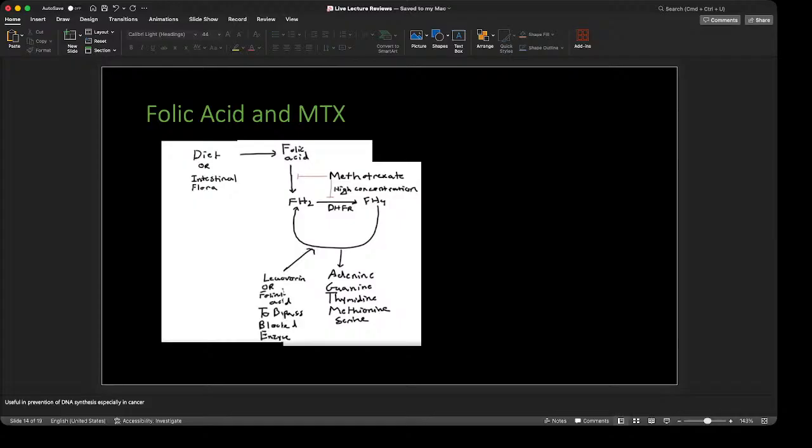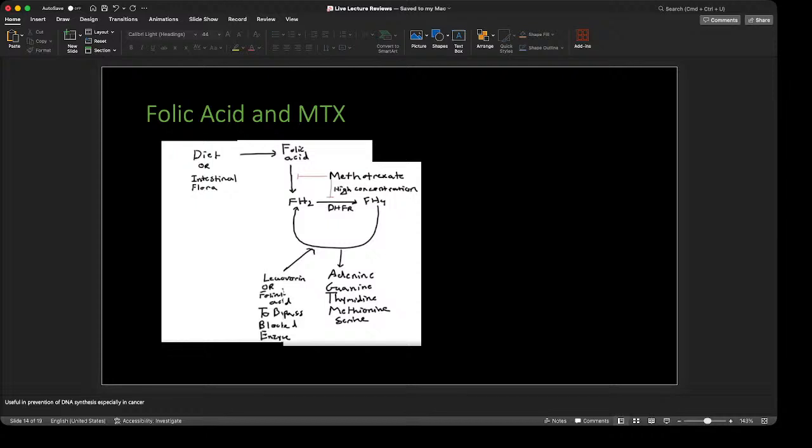FH2 gets converted to FH4, and then that's being used as part of the DNA structure that contains the bases, adenine, guanine, thymine, and all of those things that make part of the DNA structure. So without that conversion from folic acid to FH2, it cannot do what it needs to do.